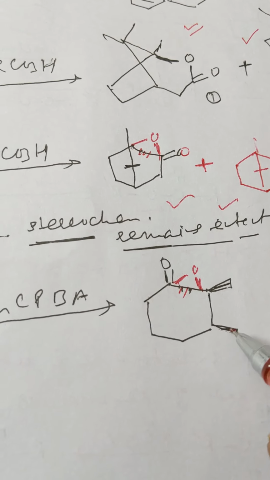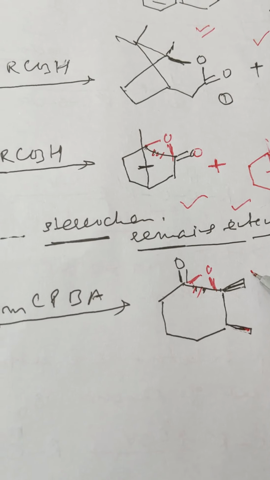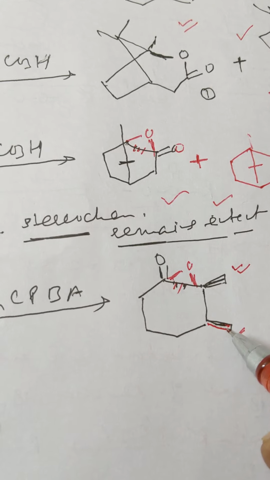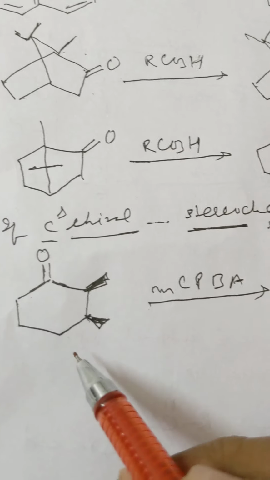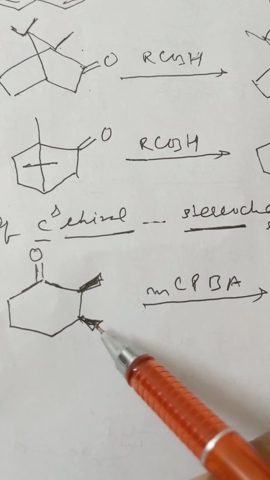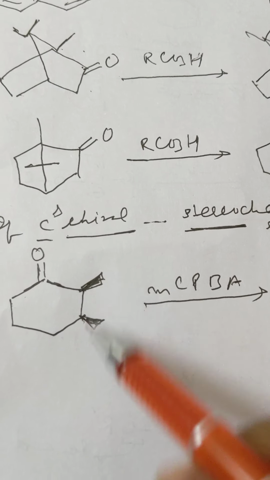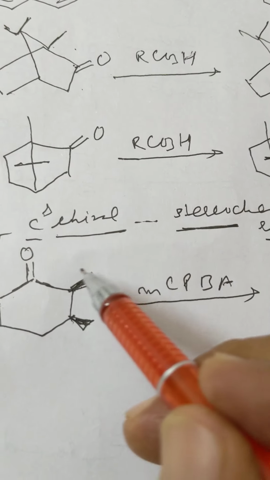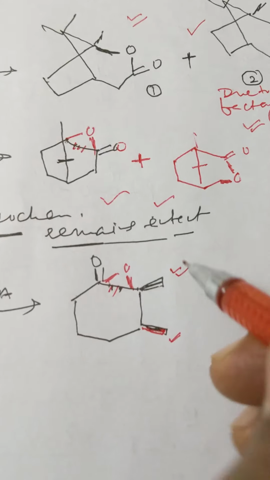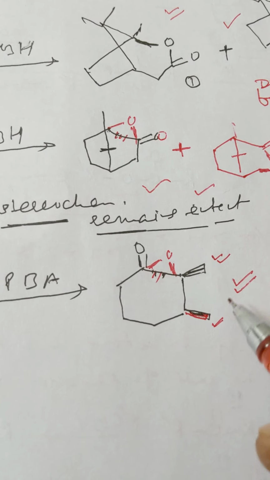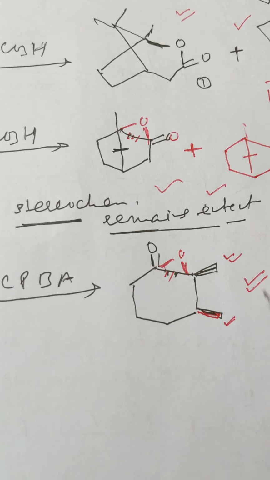But the important point here is that the position of these methyl groups will remain as such. When this type of question is asked, in one option they will say this, in another option this, in another both up, both down, and they will change the stereochemistry. But the important point is that stereochemically this remains intact, and hence the answer is this. This can be confusing when asked in a question, hence it is a very good example.